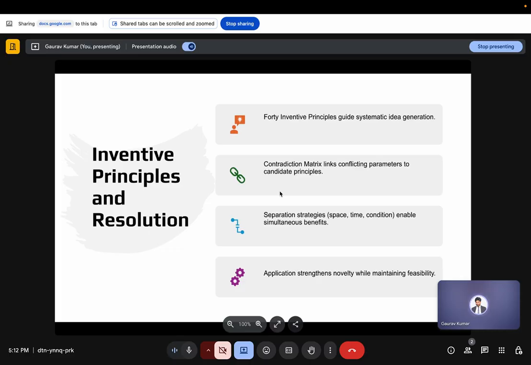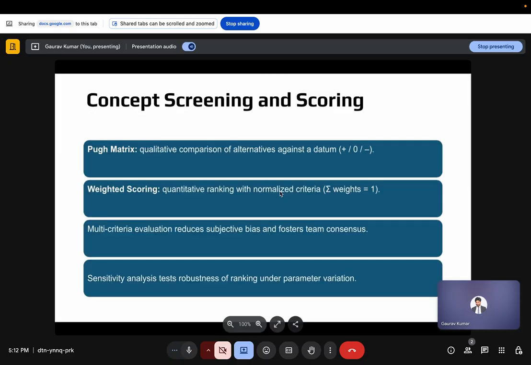Okay, now moving towards the next slide, that is concept screening and scoring. Once the potential solutions are generated, concept selection becomes crucial for transitioning from ideation to embodiment design. The Pugh matrix, or decision matrix, is one of the most effective tools for qualitative comparison.